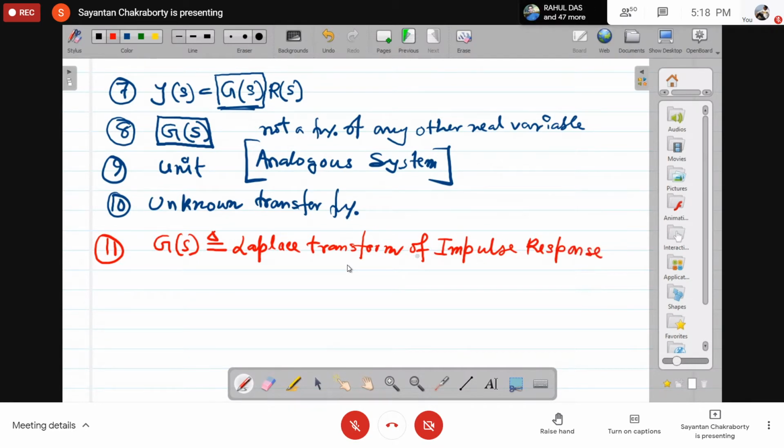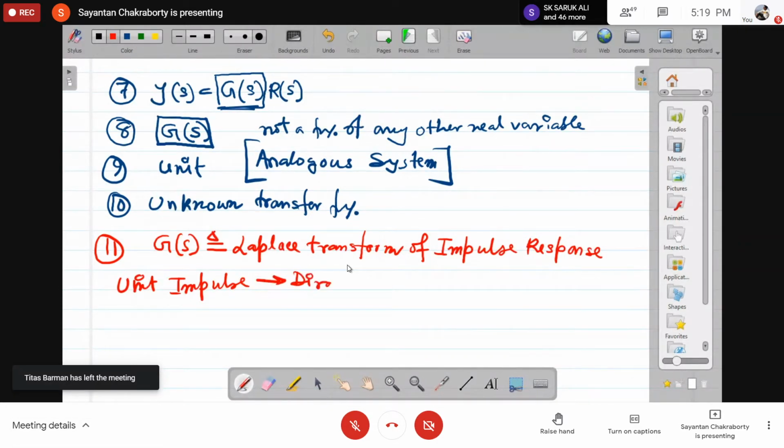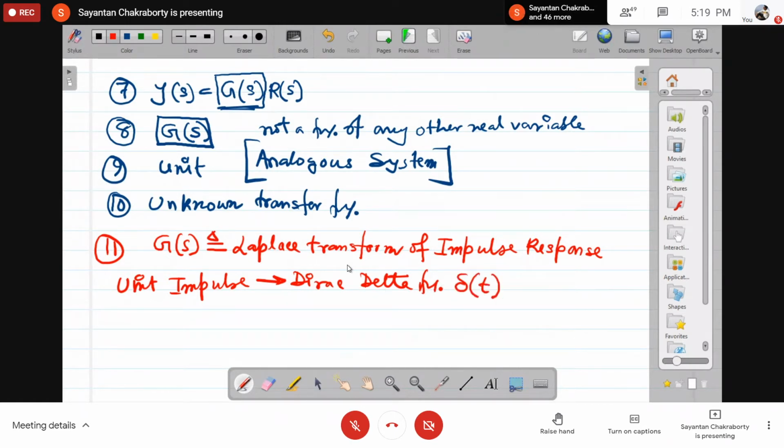So how? We all know that if you consider a unit impulse, that is also called the Dirac delta function, called delta(t), then the Laplace transform of delta(t) is basically equal to 1.